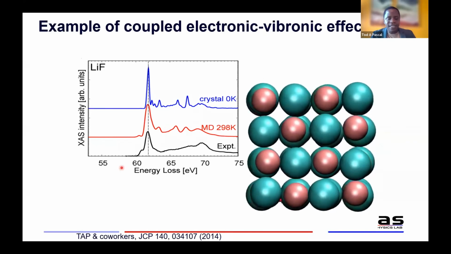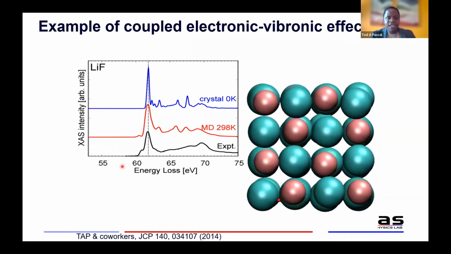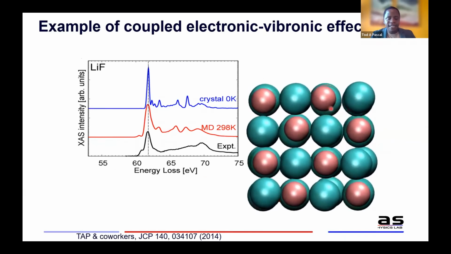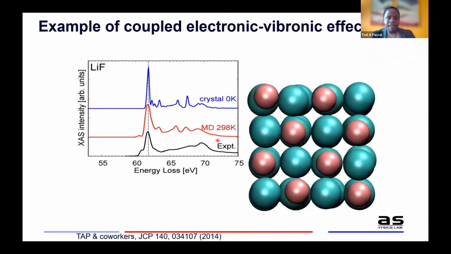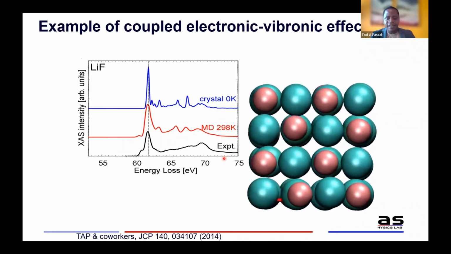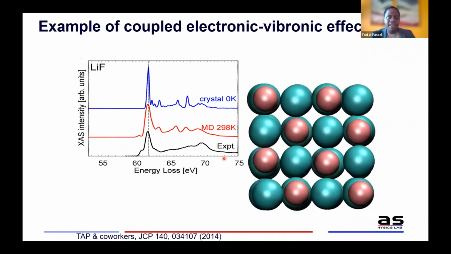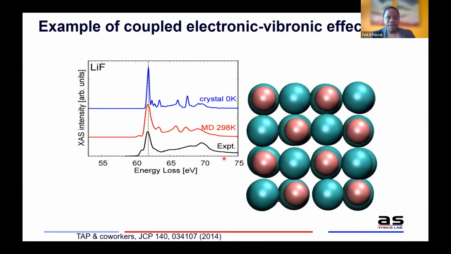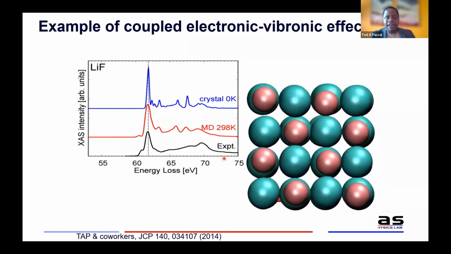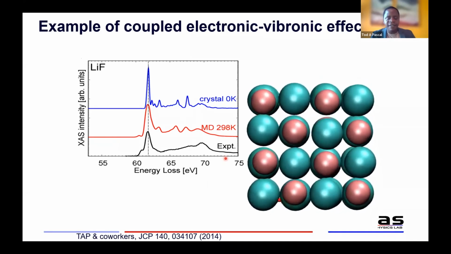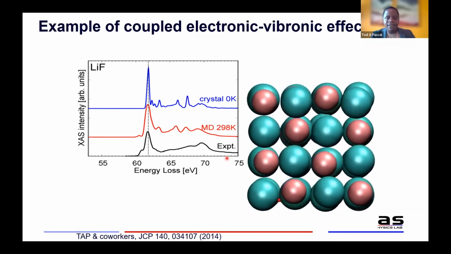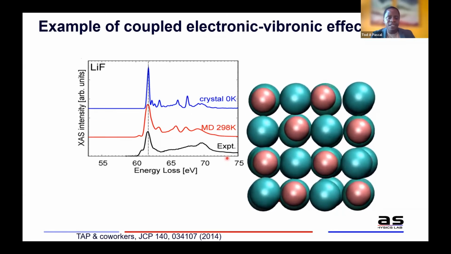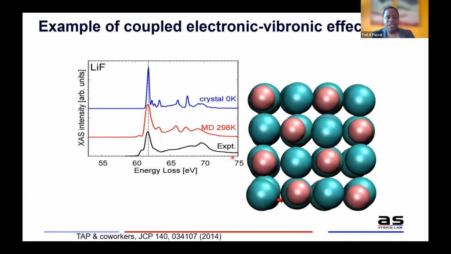But I just wanted to show this example of using this approach to actually do a very simple crystalline material. In this case, this is lithium fluoride. We were interested in this because lithium fluoride and different lithium salts turn out to be significant components of a variety of solid electrolyte interfaces that form on the cathode and anode of batteries during initial charging and discharge.